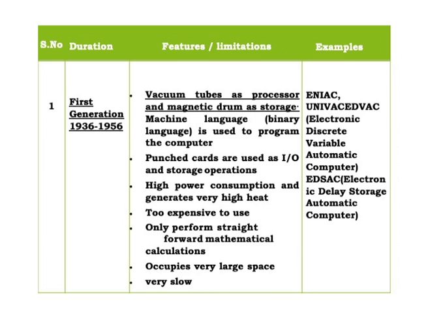They had high power consumption and generated very high heat, were too expensive to use, only performed straightforward mathematical calculations, occupied very large space, and were very slow because of that. Examples of first generation computers are ENIAC, UNIVAC, EDVAC, etc.